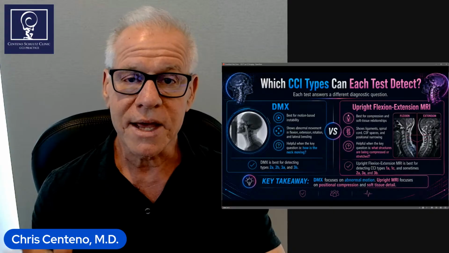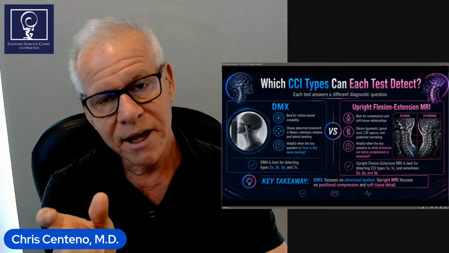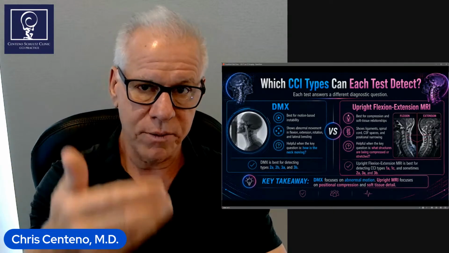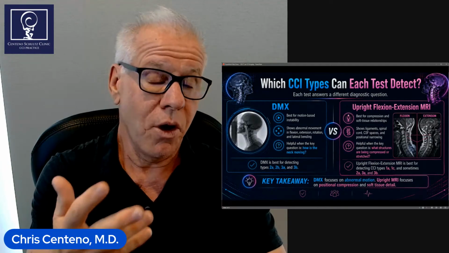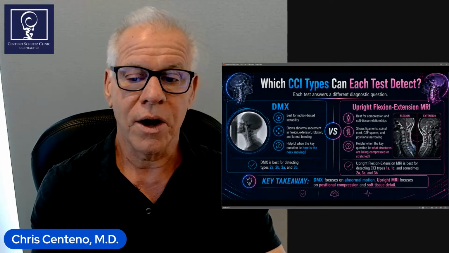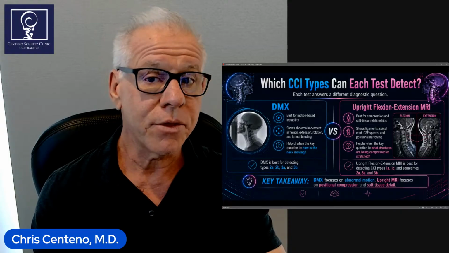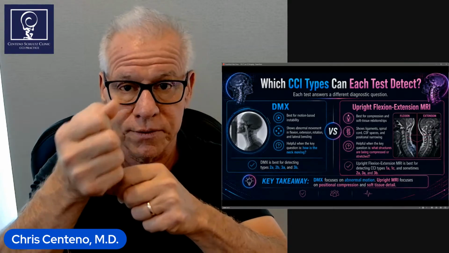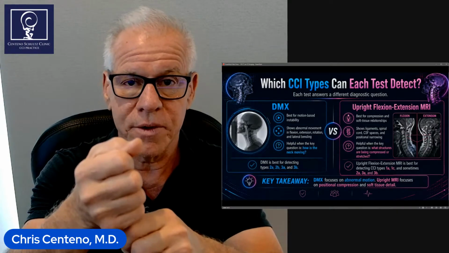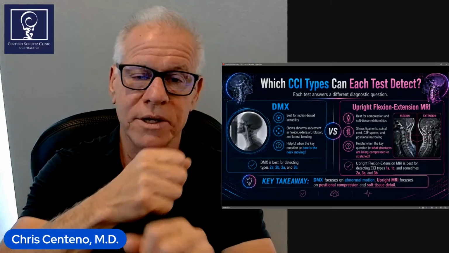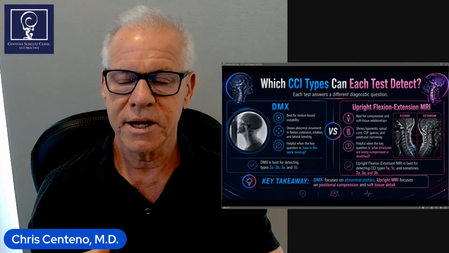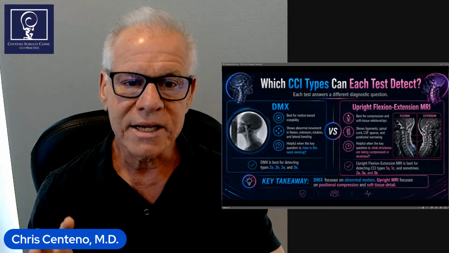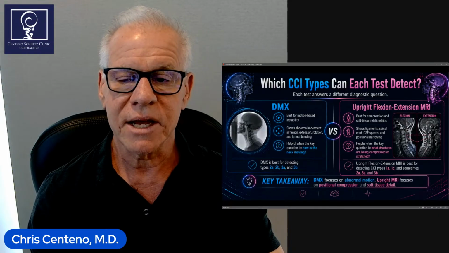For type 2B, that's the side-to-side type instability at C1, C2 that we call overhang on a DMX. Type 3A is where C2 moves forward on C3. Type 3B is where C2 moves backwards on C3, forward with flexion, backwards with extension. So those are the kinds of instability that you can see well in DMX.